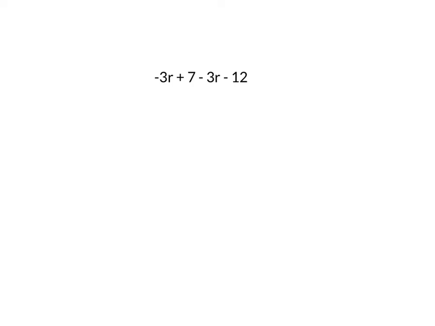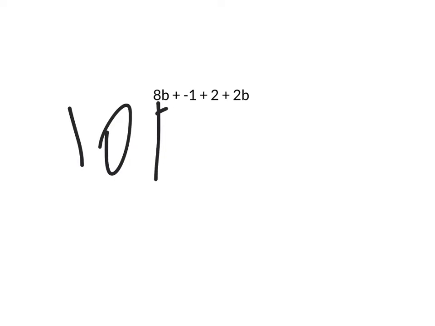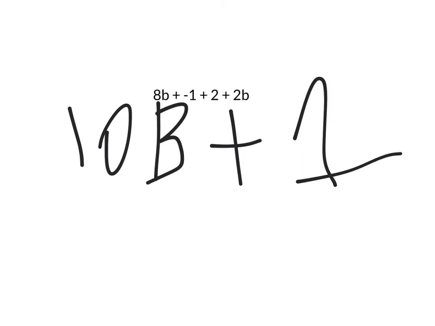So 8b plus 2b gives us 10b. Then we have -1 and 2. So -1 plus 2 is +1. And there's your answer.